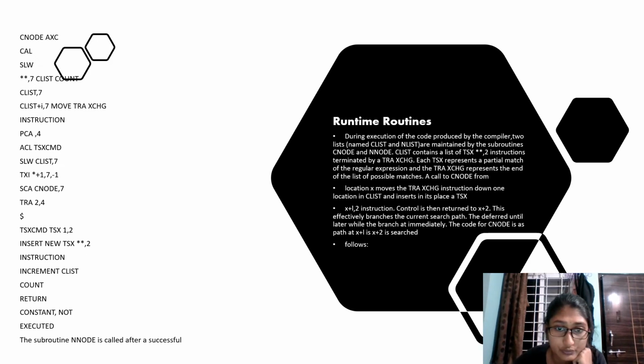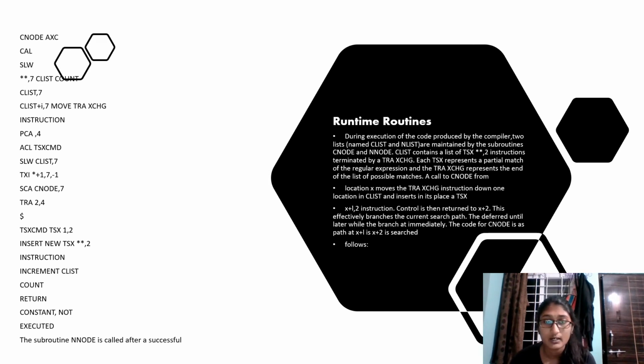During the execution of code produced by the compiler, two named lists, C list and N list, are maintained by the subroutines C code, C node and N node. C list contains a list of tickets into two instructions terminated by trajects, and the tickets represent the partial match of a regular expression.